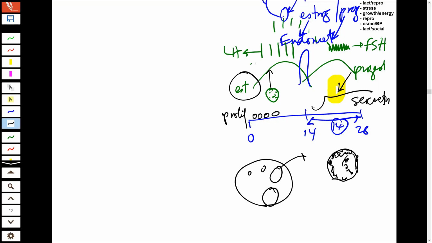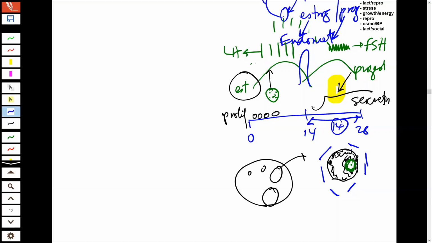Okay, so here are my granulosa cells lining it. And in the middle of that, there's going to be my egg. And then surrounding this are going to be my thecal cells. So every time you say ovary, that's the functional unit of the ovary.